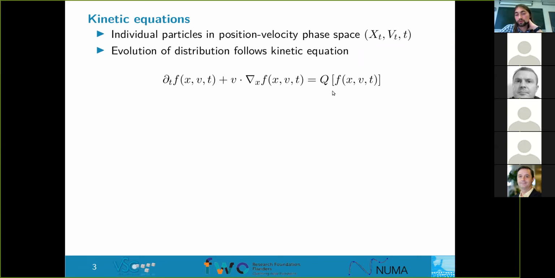Now, this q is abstract for the moment, but in our case, what we're typically going to use is the so-called BGK collision operator, which looks like this. What have I put here? Well, what we do is we look at the density of particles. At a given position, we remove particles proportional to the number of particles that have a given velocity. So if there's lots of fast particles, we remove more fast particles than slow particles.